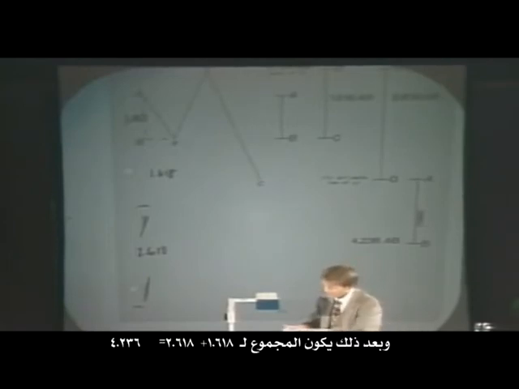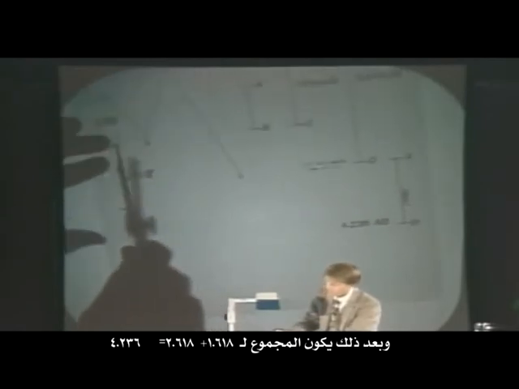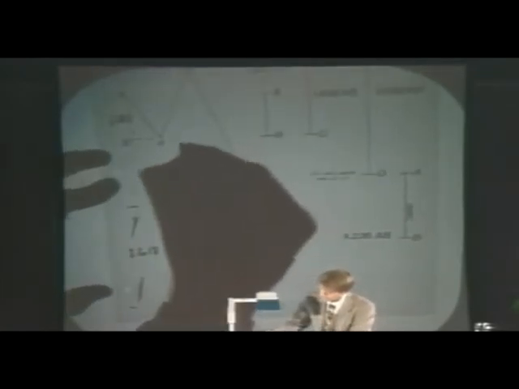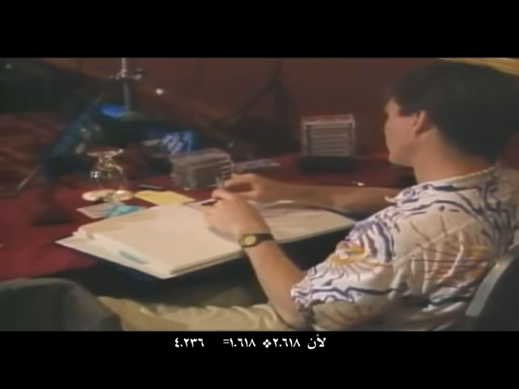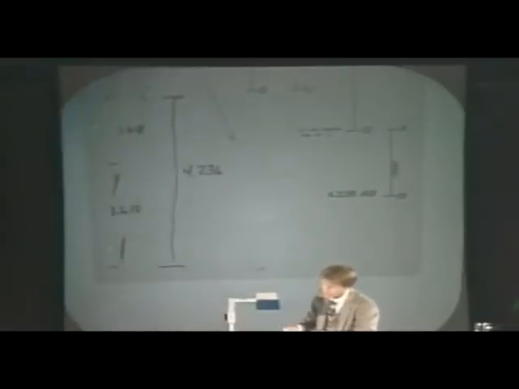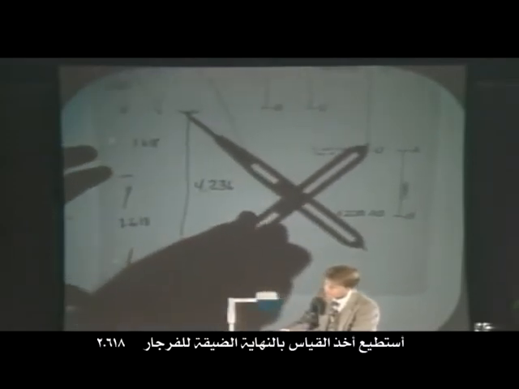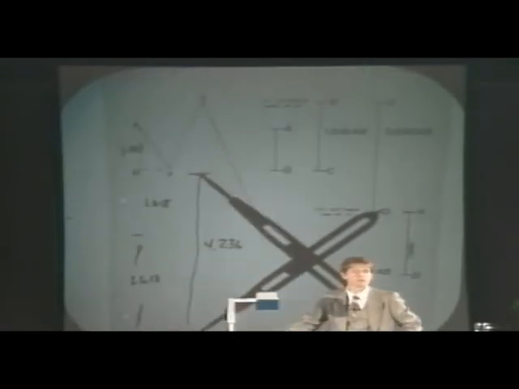Then the sum of 1.618 and 2.618 is 4.236. Because 2.618 times 1.618 is also 4.236, I can measure with the narrow end of the compass, 2.618, flip it, and the wider end would then also be equal to 4.236.